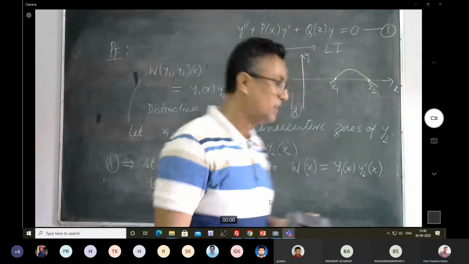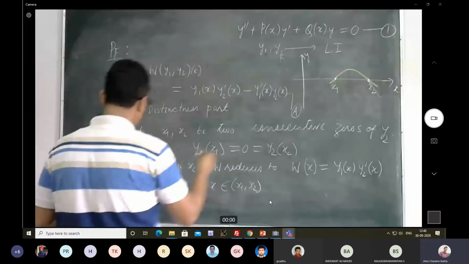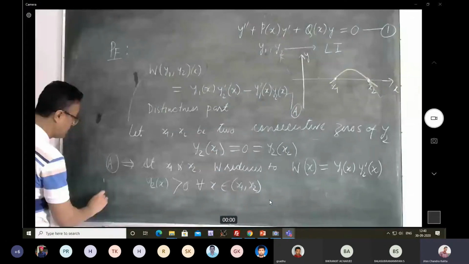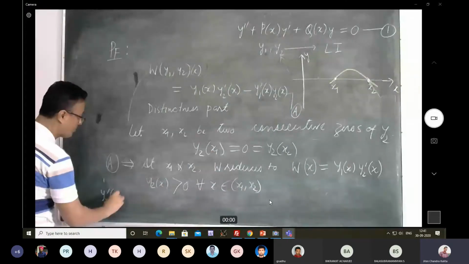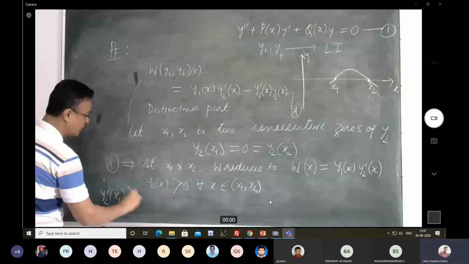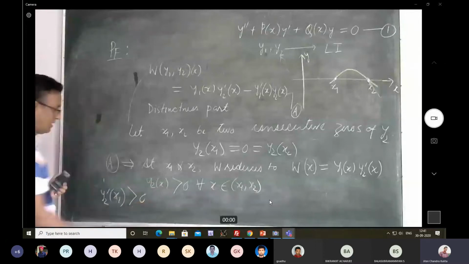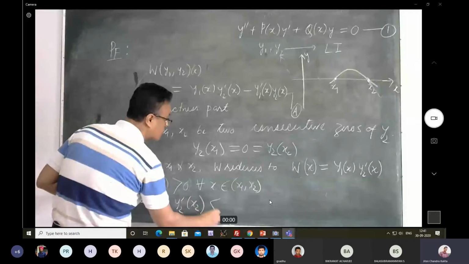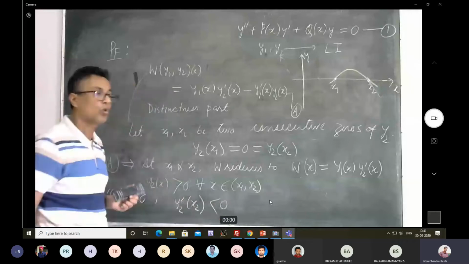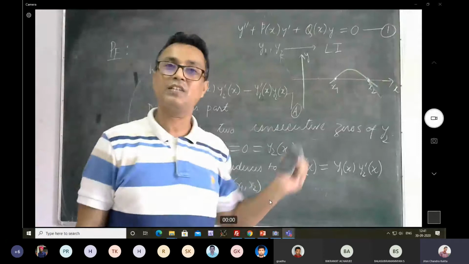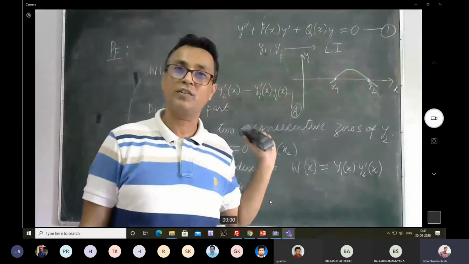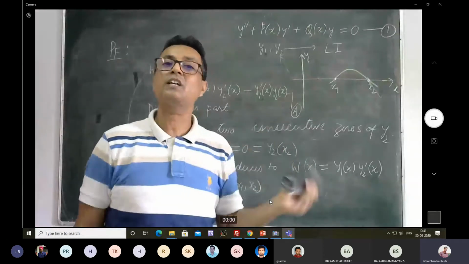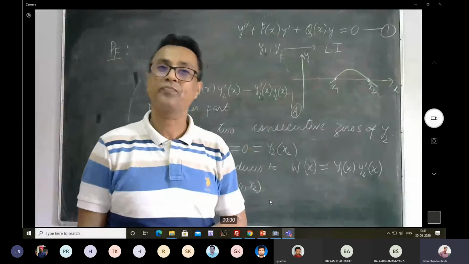Therefore, for this, what must happen? Your y2'(x1) has to be greater than 0, and y2'(x2) has to be less than 0, because at those two points, at x1 the function has to be monotonically increasing, and at x2 it has to be monotonically decreasing.